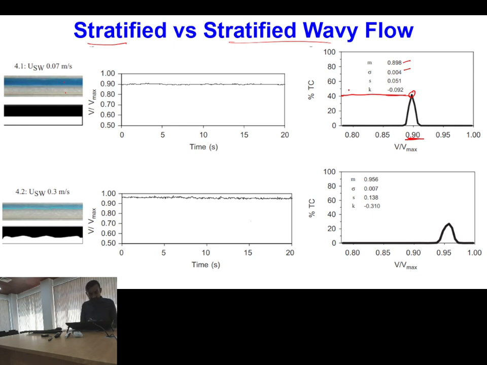When you have the stratified wavy signal, the spectrum of the signal is more. So the spectrum is increasing but its peak intensity is decreasing. When the spectrum is increasing and the peak intensity is decreasing, it means some irregularities are coming in.